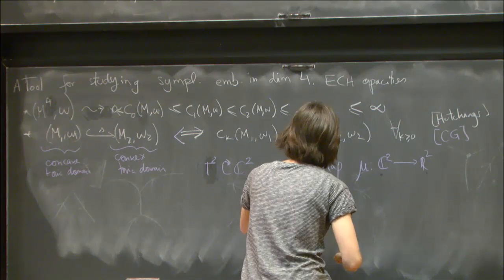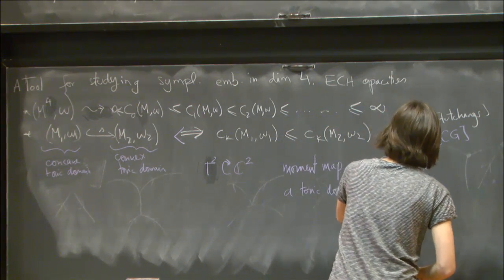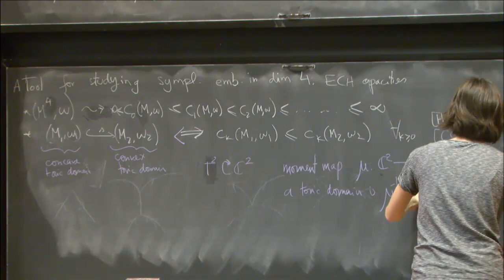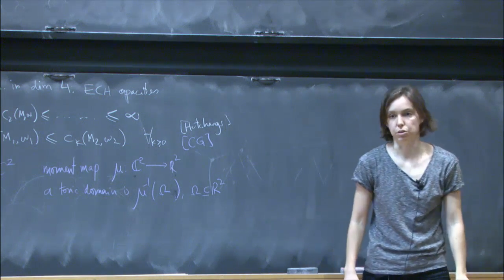So a toric domain is mu inverse of omega, some region in R2.